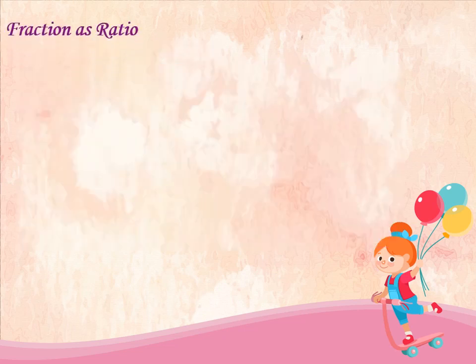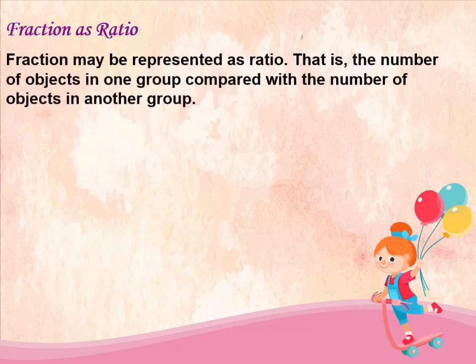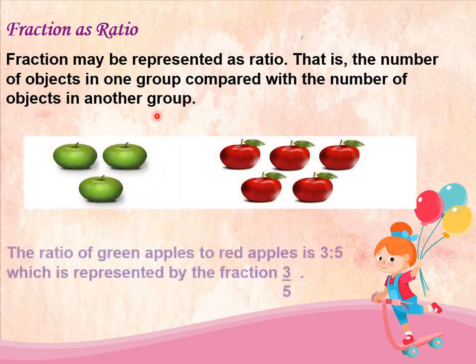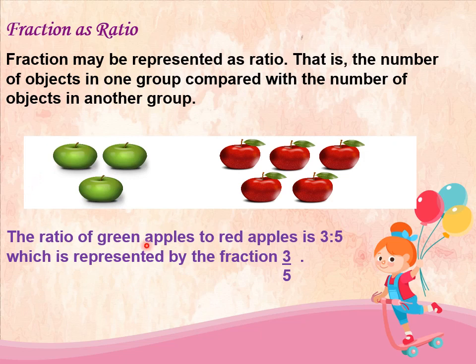Now fraction as ratio. A fraction may be represented as a ratio, that is, the number of objects in one group compared with the number of objects in another group. The ratio of green apples to red apples: how many green apples are there? 1, 2, 3.